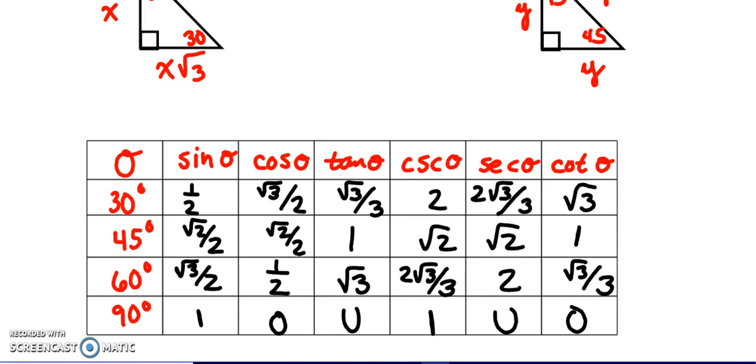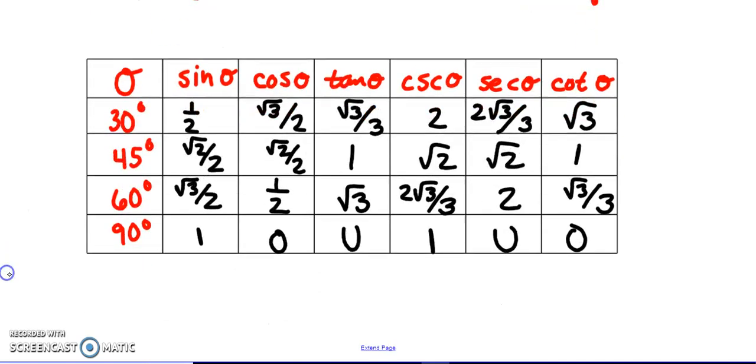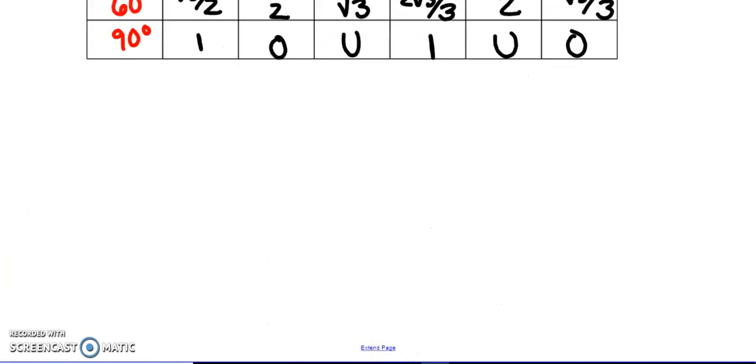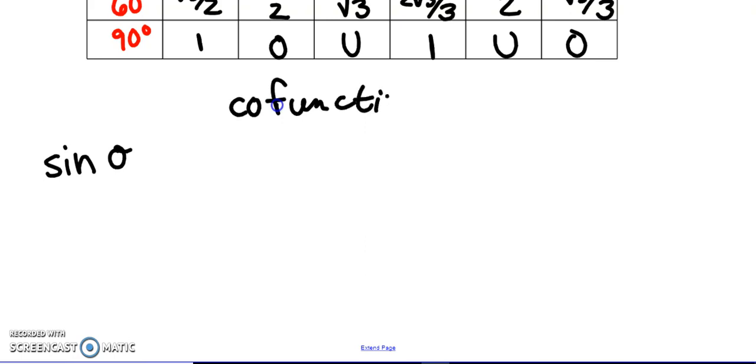We'll look at that more and focus on that, but it's going to be very, very important to know all this wonderful information. All right, so know it. Also, I'm going to give you this part here too that I want you to write down and remember, because at some point later on in this section and in the trig portion, these co-functions, we're going to call them co-function identities, are going to come back into play.